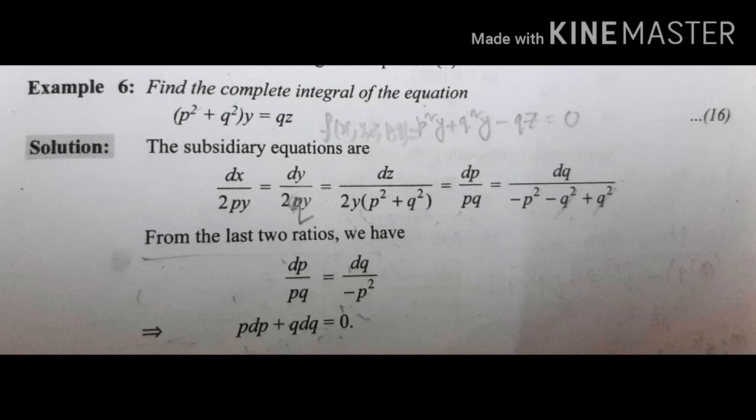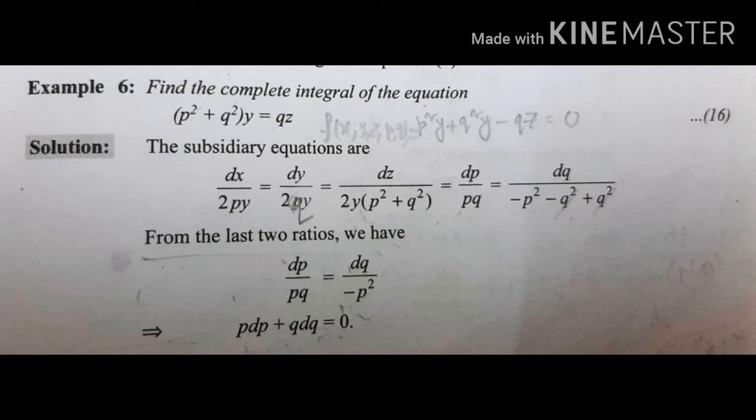Now, here the subsidiary equation is dx/(∂f/∂p). That means here it is 2py = dy/(∂f/∂q), that means 2qy - z, equal to dz/(p ∂f/∂p + q ∂f/∂q).